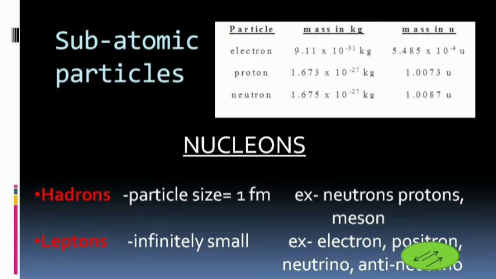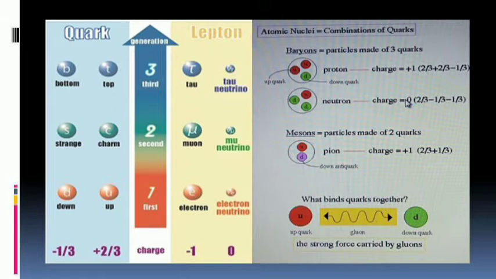When you look at these two pictures, in the first picture I am talking about some quarks and leptons. Quarks are the small particles which make protons. In the picture you can see that the atomic nucleus is composed of a combination of quarks.